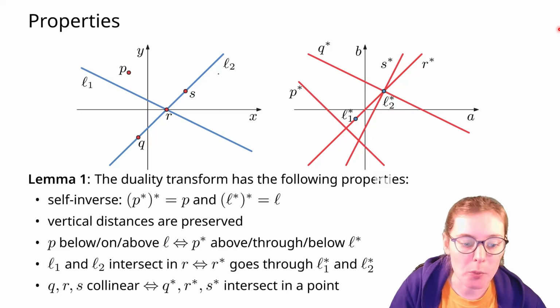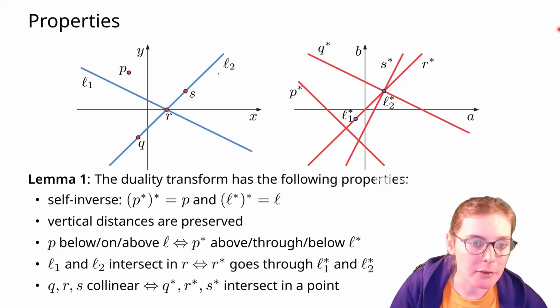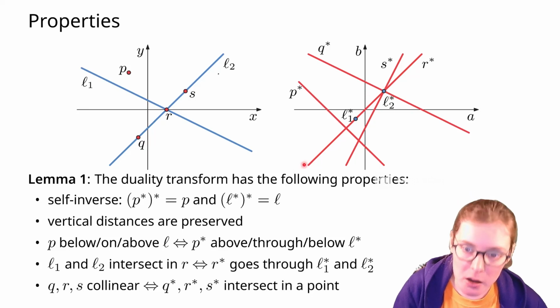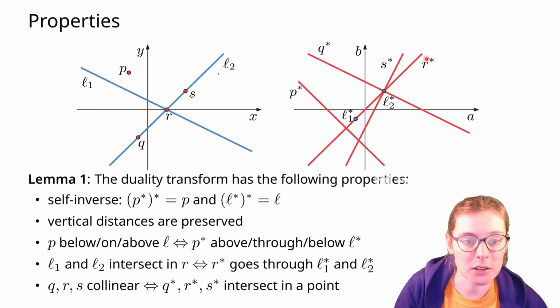Finally, two more properties. If we have lines L1 and L2 intersect in some point R in the primal plane, that means that the corresponding points L1 star and L2 star will lie on the dual line R star.